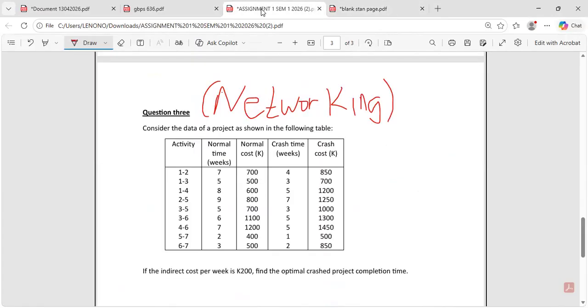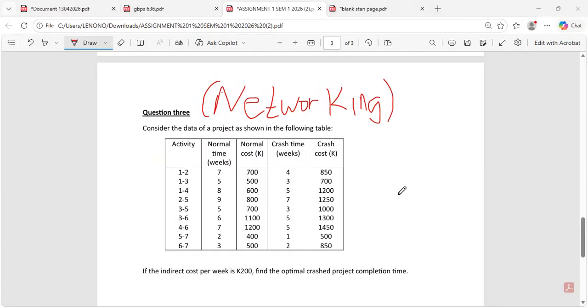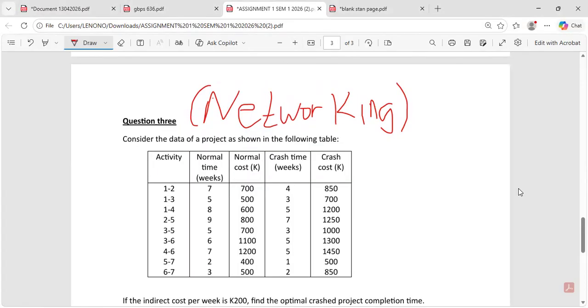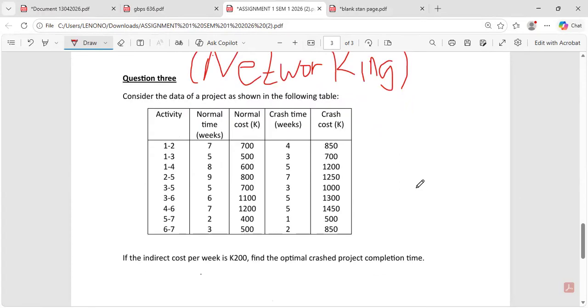All right, getting down to this question. This question says, consider the data of a project as shown in the following table. We have the activities 1 to 2, 1 to 3, 1 to 4, 2 to 5, 3 to 5, 3 to 6, 4 to 6, 5 to 7, 6 to 7.